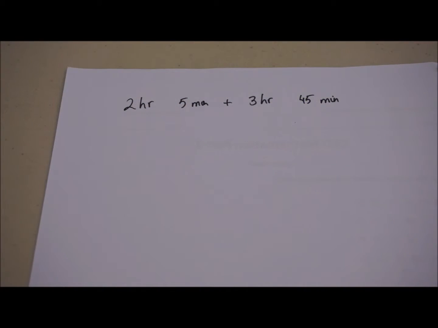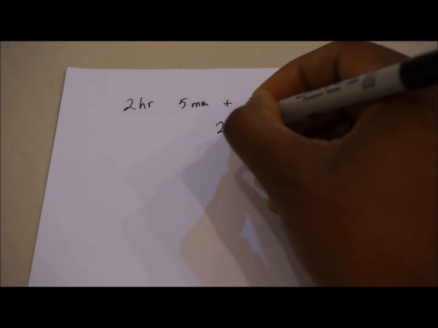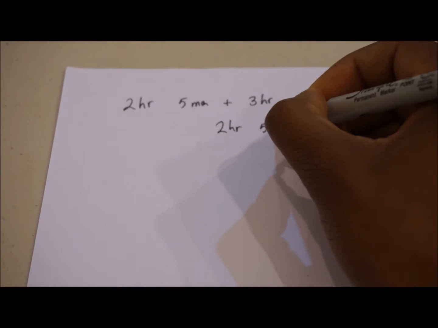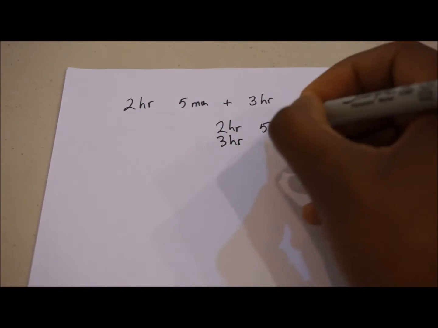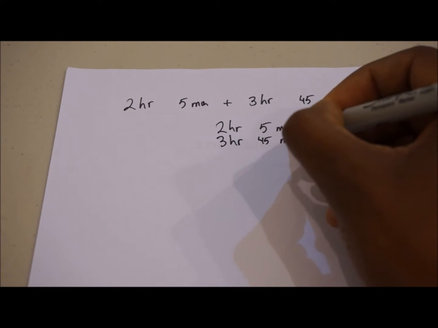If we are given a measurement problem which requires us to add 2 hours 5 minutes and 3 hours 45 minutes. Remember, the key is that we must add hours with hours and minutes with minutes. Therefore, I arrange the problem so that can happen. 2 hours 5 minutes, 3 hours 45 minutes.